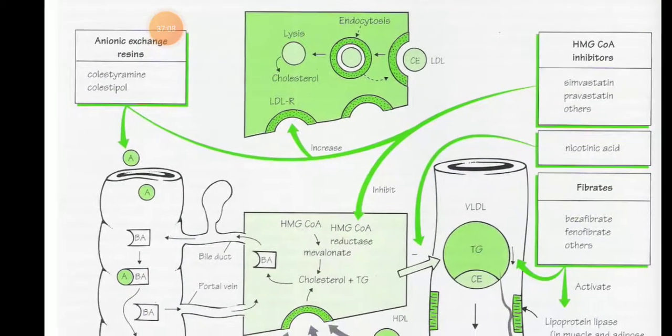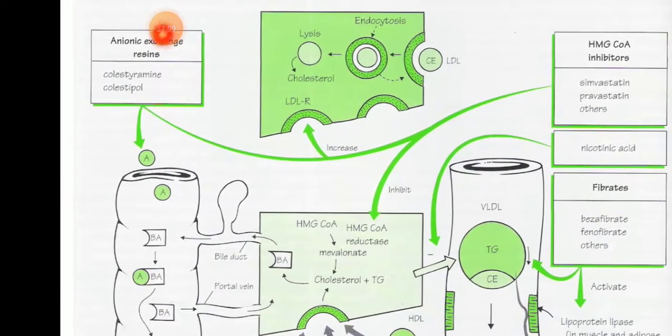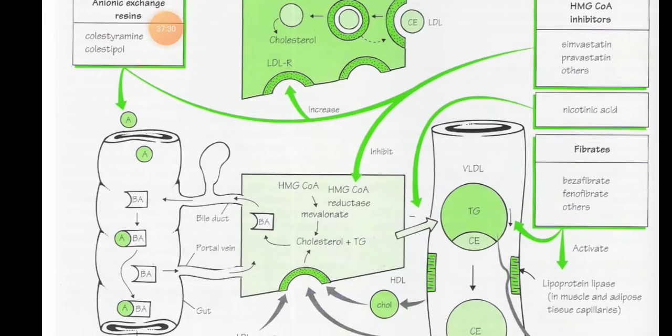Then there are the drugs which prevent anion exchange, such as cholestyramine, which are not used much nowadays for hypercholesterolemia. But in some other conditions where the patient has cholestatic jaundice, people probably use this kind of drug.